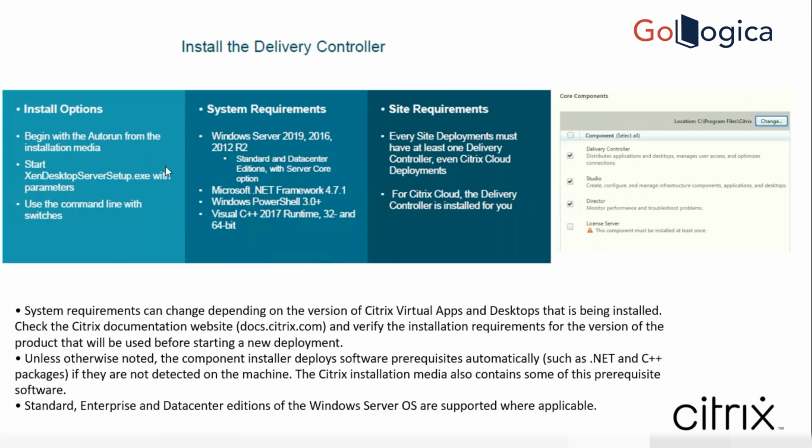Then, what are the system requirements? Every software has some kind of requirement. Suppose you are using Oracle, it will require that your machine should have this much RAM and this much storage. In the same way, Citrix Virtual App and Desktop also requires a server.